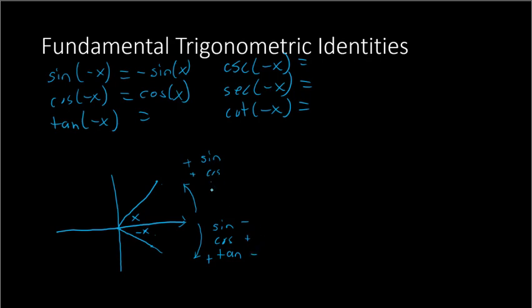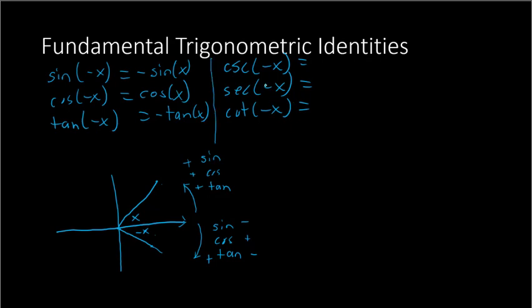And then tangent up here in the first quadrant is going to be positive. So tangent of negative x is going to be the opposite sign. It's going to be negative as opposed to positive. So it's going to be the opposite of the tangent of positive x. And that's another identity to know. Tangent of negative x is equal to the opposite of tangent of positive x.